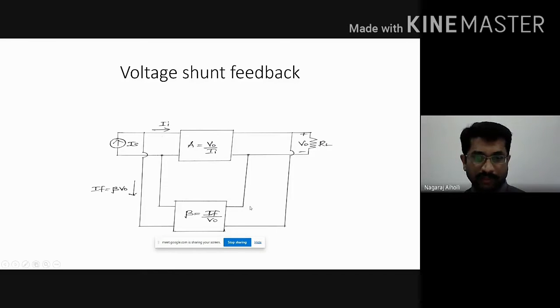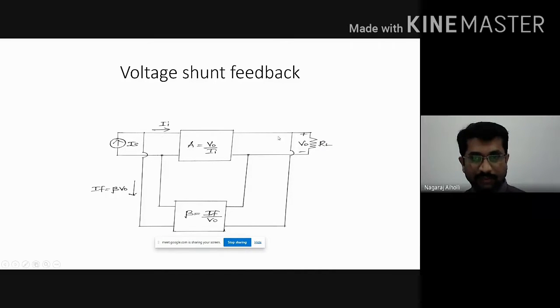That means this beta is affected by V0. As V0 changes, beta also changes in accordance with V0. The current from the amplifier and the current from the feedback are going to affect the output voltage, because from the amplifier we get the output, and from the feedback there is also a current flowing to the output.